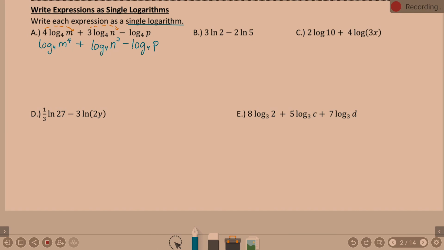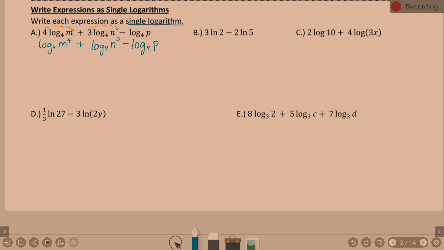Product property. Do we see a couple of logs being added? Two logs being added can be rewritten as one log where the insides are multiplied. And when you see adding and subtracting, I would encourage you to go for the product property first before the quotient property.